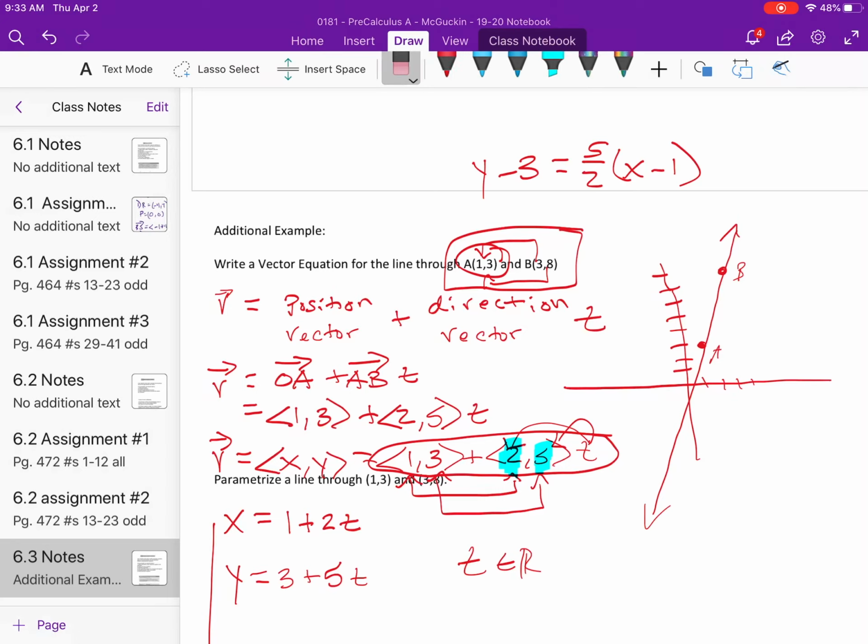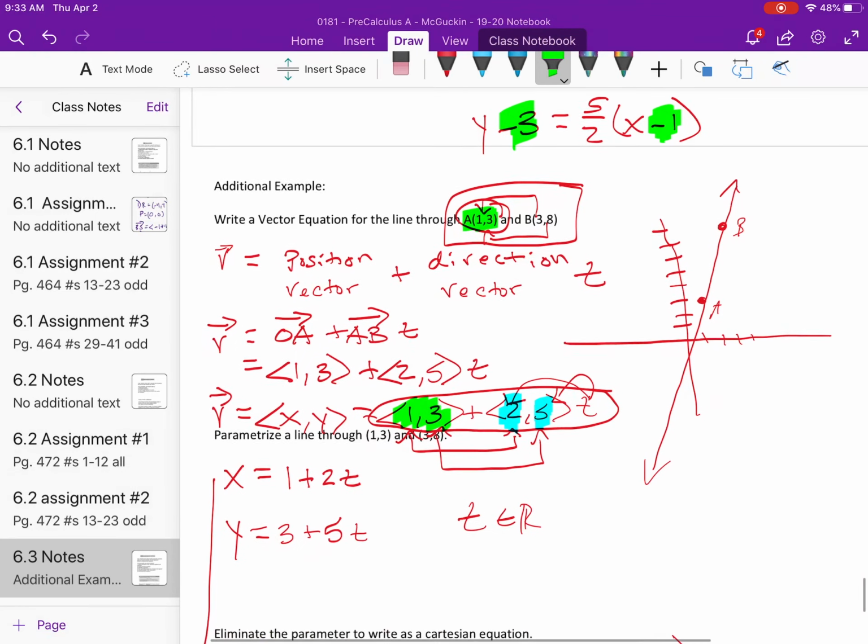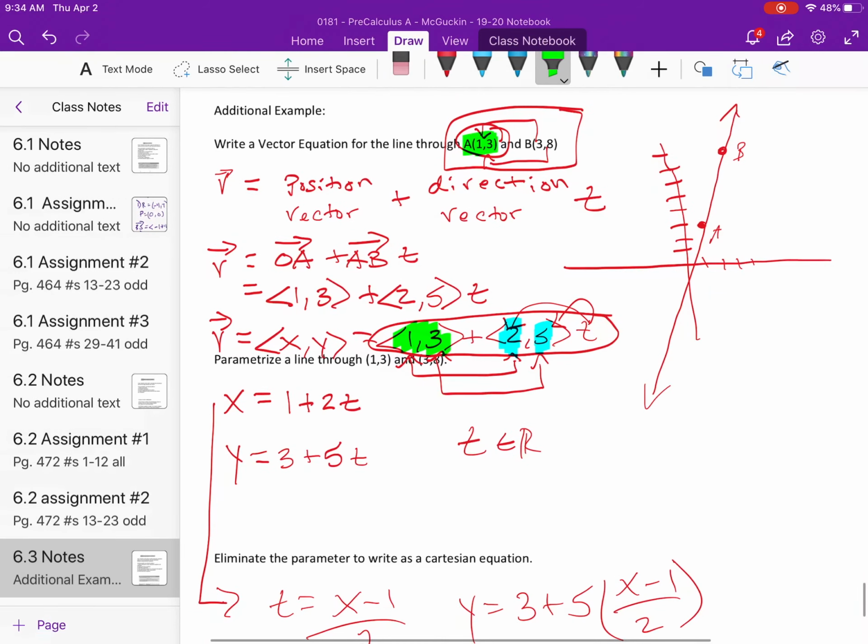And take a look, you end up getting your position vector here and here, 1, 3. So it's kind of cool how they all relate in the end as well.